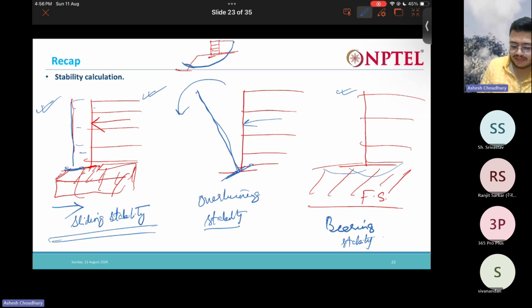So for stability you have to do the stability calculations and check that there is no slip circle failure. If there is a tendency, you need to reinforce the slope or do whatever is needed.